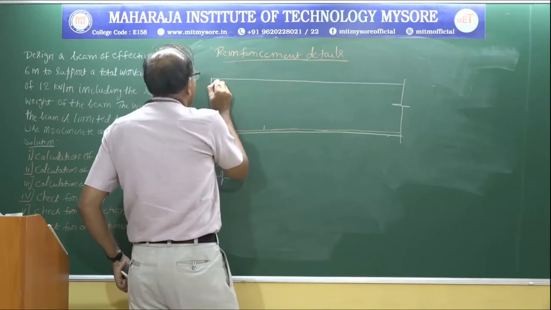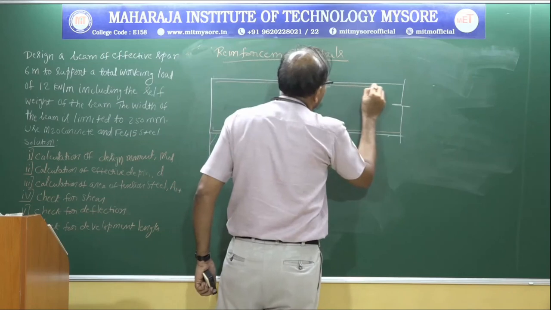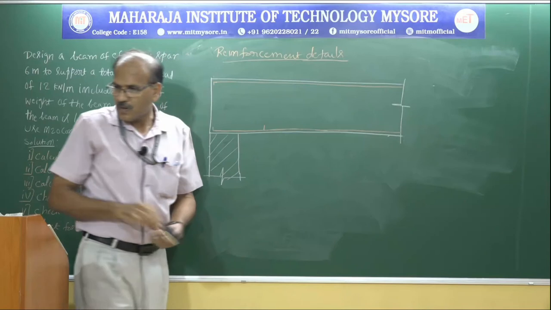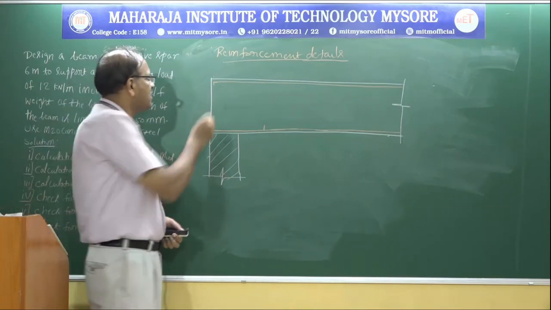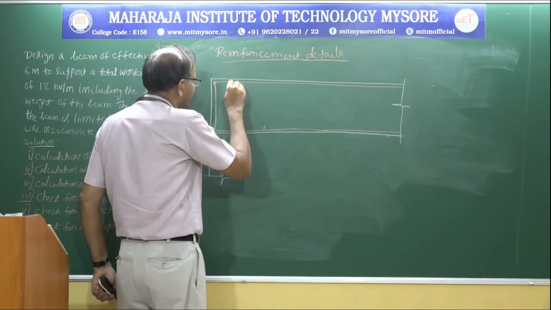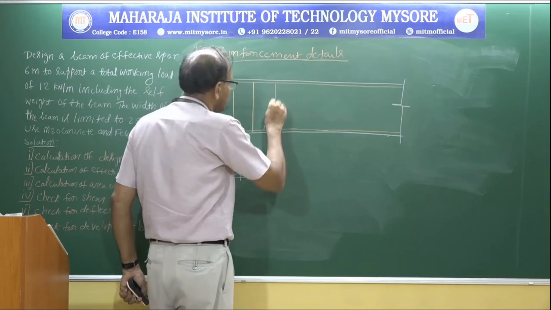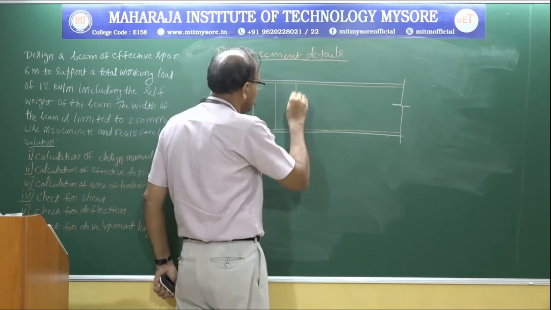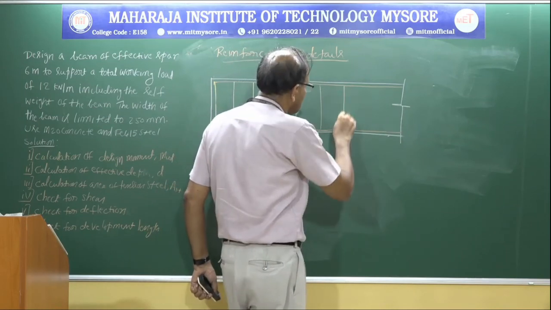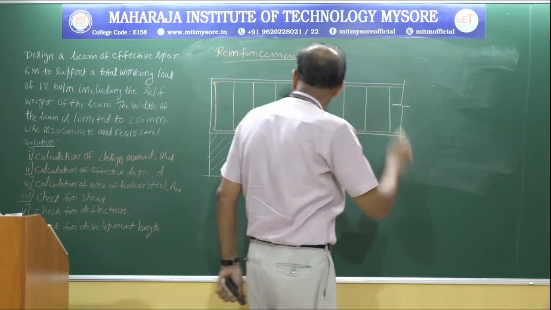And we are going to provide two nominal bars to anchor the stirrups, and we are going to provide stirrups at certain spacing as per the design. These are the stirrups.